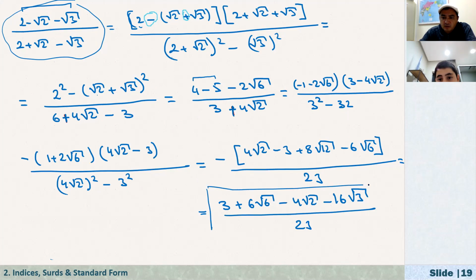Yes, my mistake. I forgot the minus before 23. If I put the minus, that will become minus 3 minus 6 root of 6, plus everything on the top will have changed.